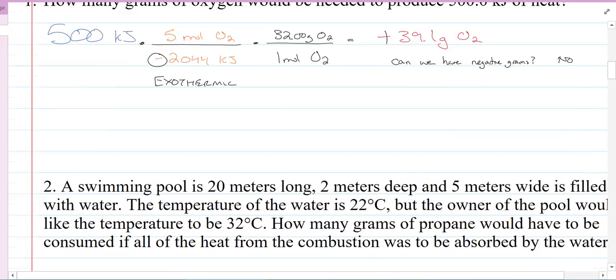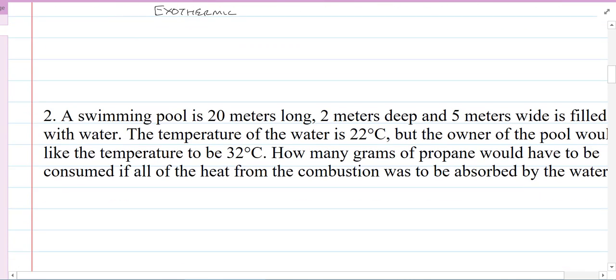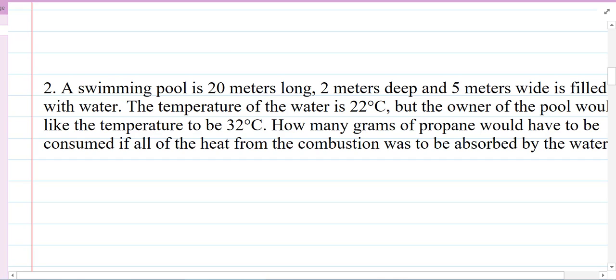Number 2, still with this reaction. A swimming pool is 20 meters long, 2 meters deep, and 5 meters wide. Let's draw a picture.